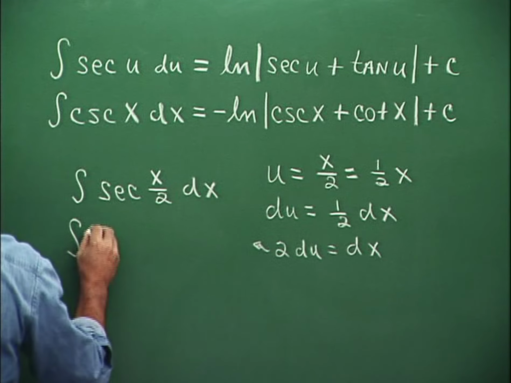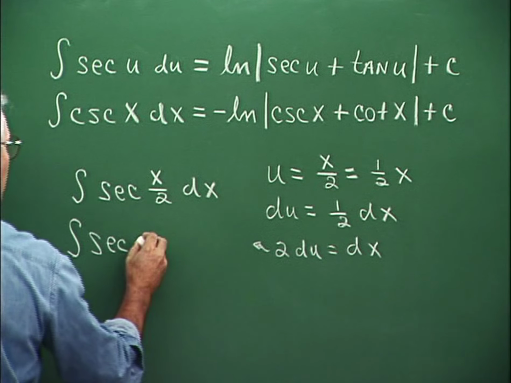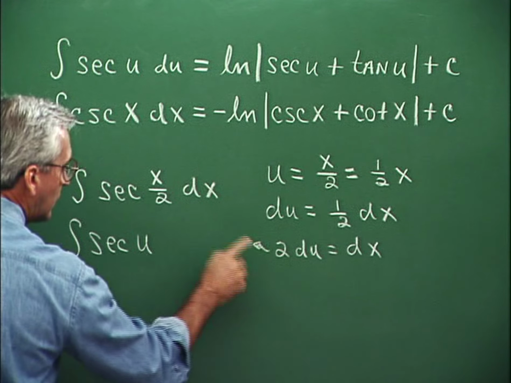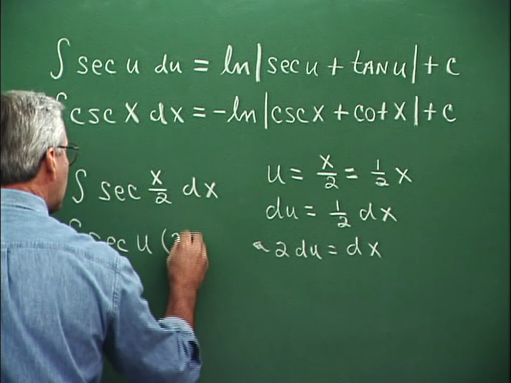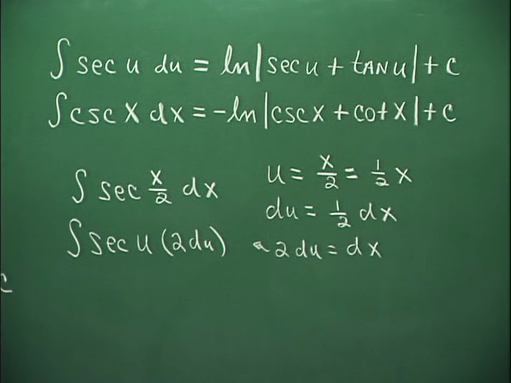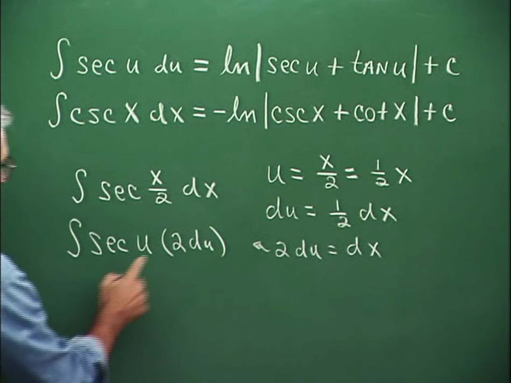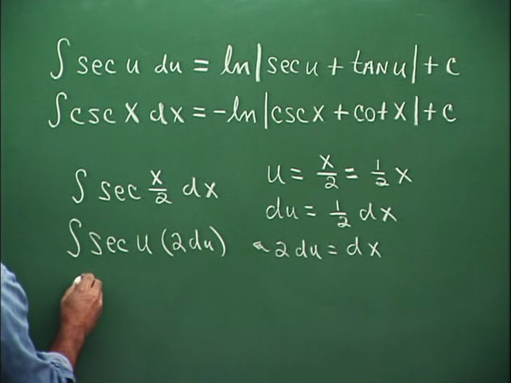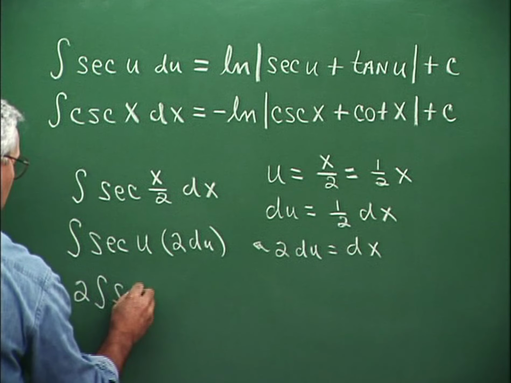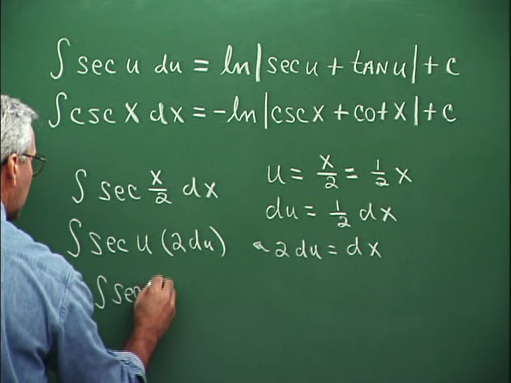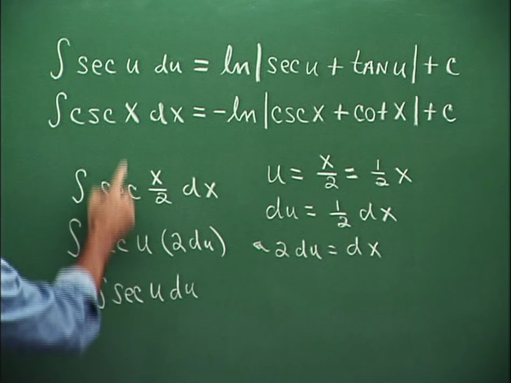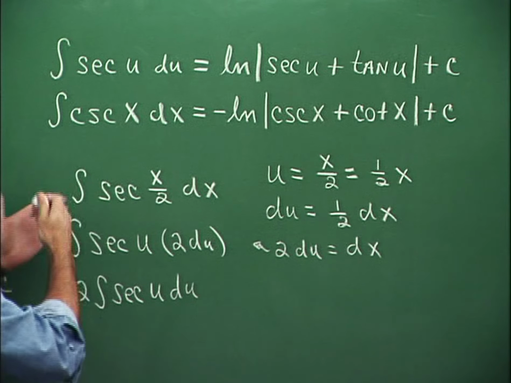So we have secant u, and then the dx part is 2 du. You see, I'm emphasizing that substitution. And now this 2 can just kick to the outside. So we have 2 times the integral of secant u du. And now we're in the condition that we have up here to go through that formula.